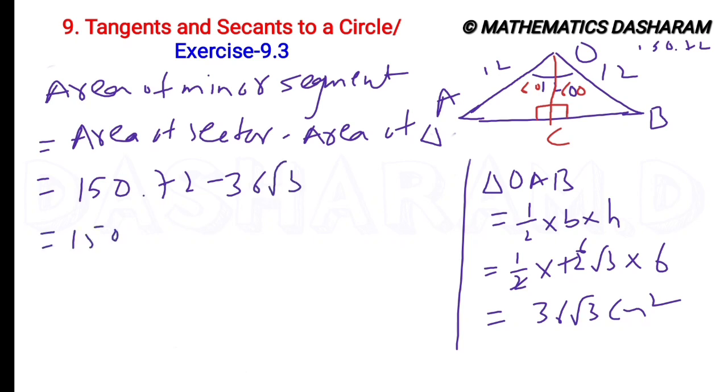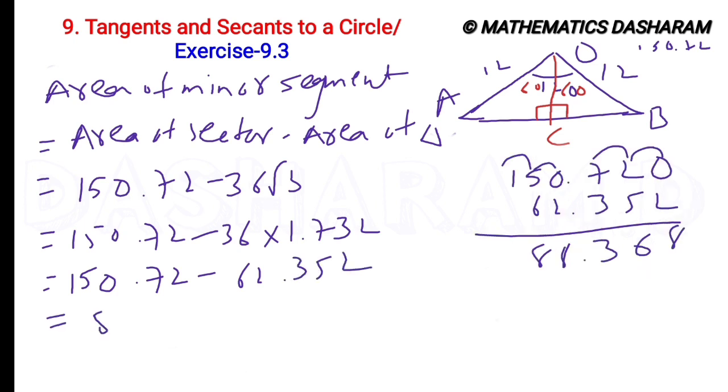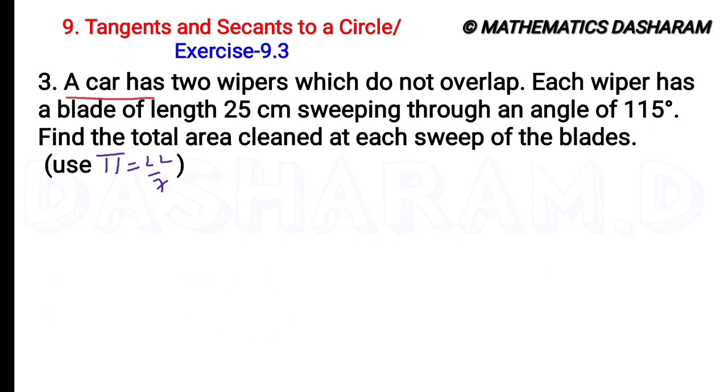So 150.72 minus 36 into the root 3 value given, that is 1.732. It is equal to 150.72 minus 62.352. So it is equal to 88.368 centimeter square.